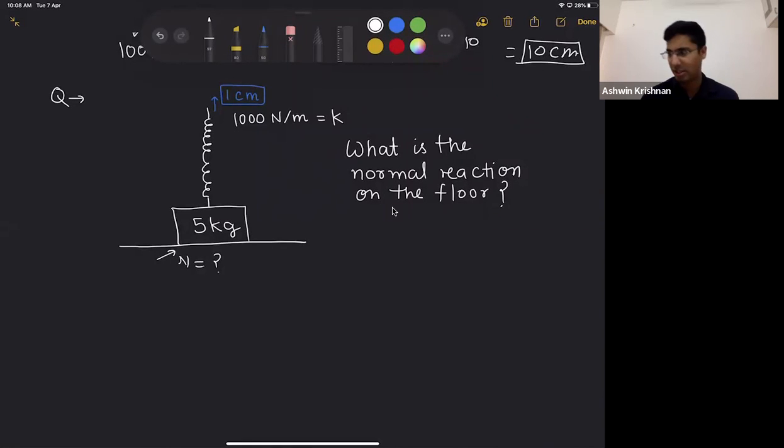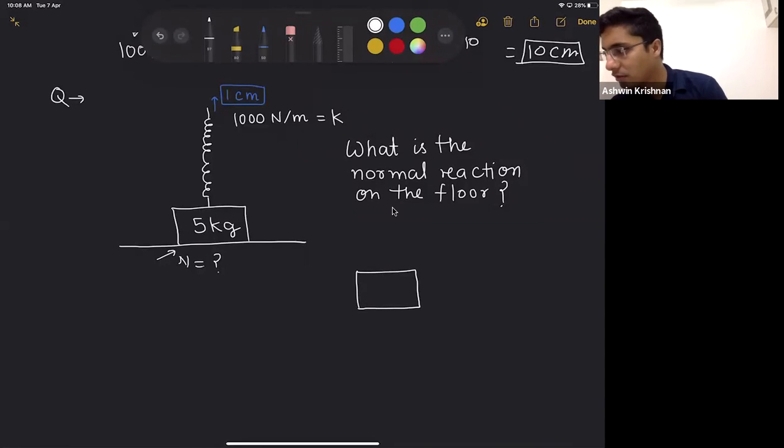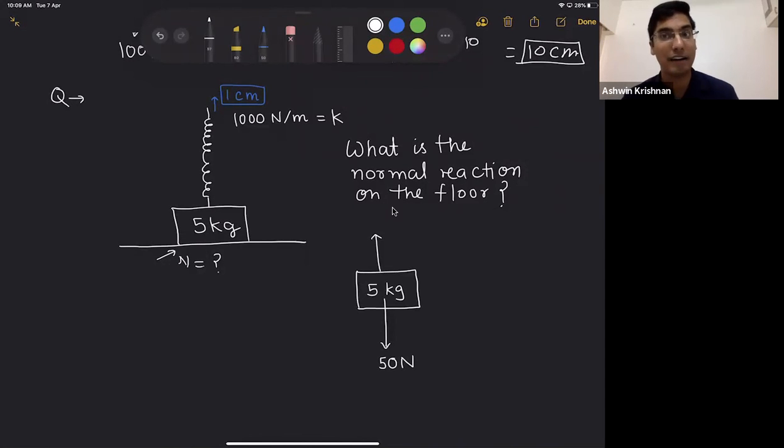This seems to be a pretty straightforward problem. You basically just draw the 5 kg body. The forces on it are a 50 Newton force downwards. The spring will exert Kx. K is 1000. 1 centimeter is 1 by 100 meter. Don't forget to convert centimeter to meter because this has units in meter, this has in centimeter.